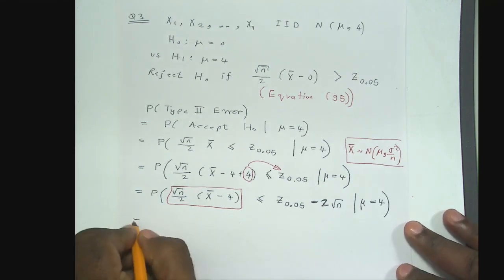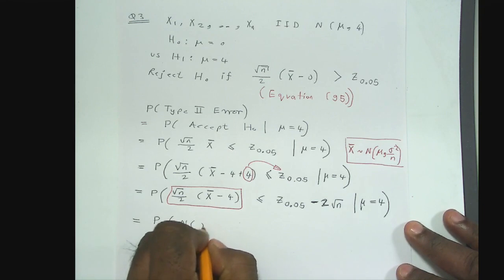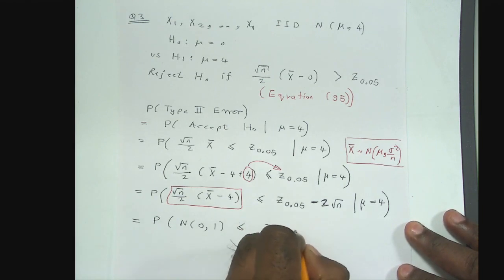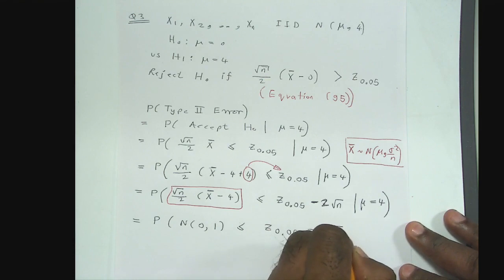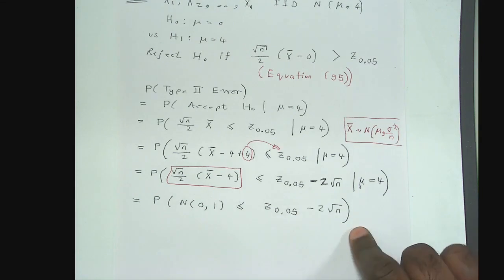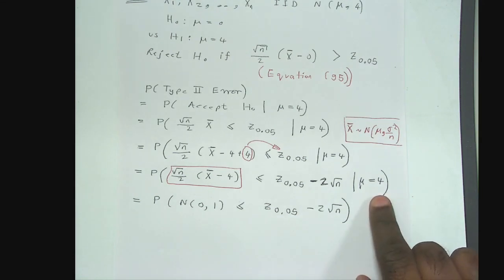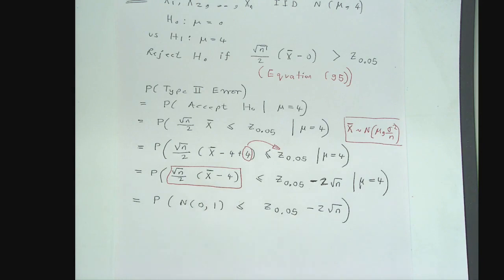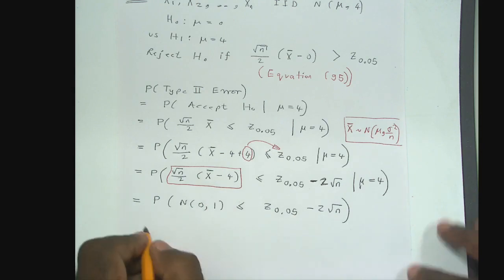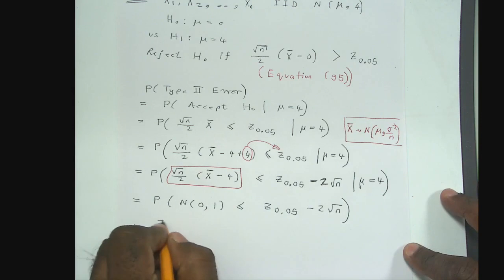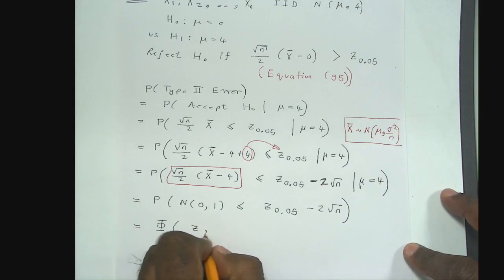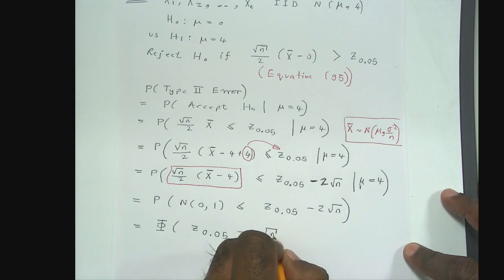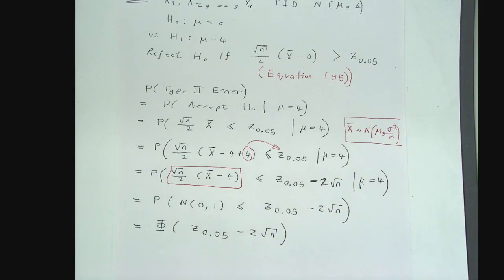So the next step is the probability that N(0,1) is less than or equal to... Okay, here I've dropped the conditioning because I've used the conditioning to argue that this has the standard normal distribution, and therefore we don't need the conditioning anymore. Okay, so this is equal to phi of... So that's the answer, guys.